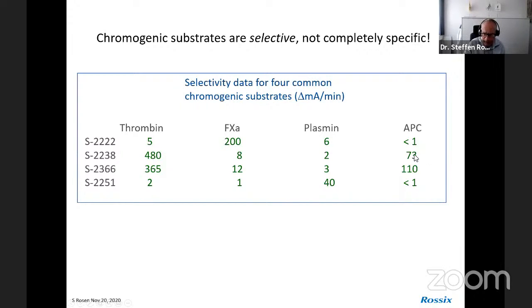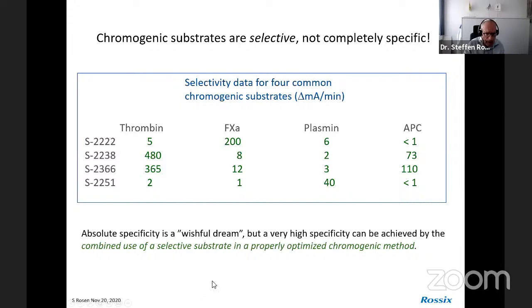It's also a good substrate for APC. And even better for APC is S2366, which also is a good thrombin substrate. The plasmin substrate S2251 is also cleaved to some extent by thrombin. So absolute specificity is a wishful dream, but very high specificity can be achieved by the combined use of a selected substrate in a properly optimized chromogenic method.